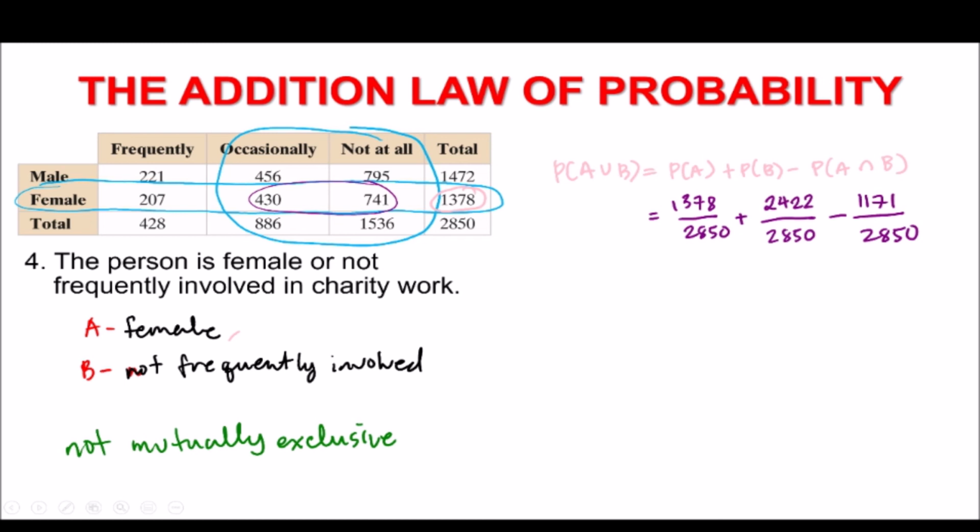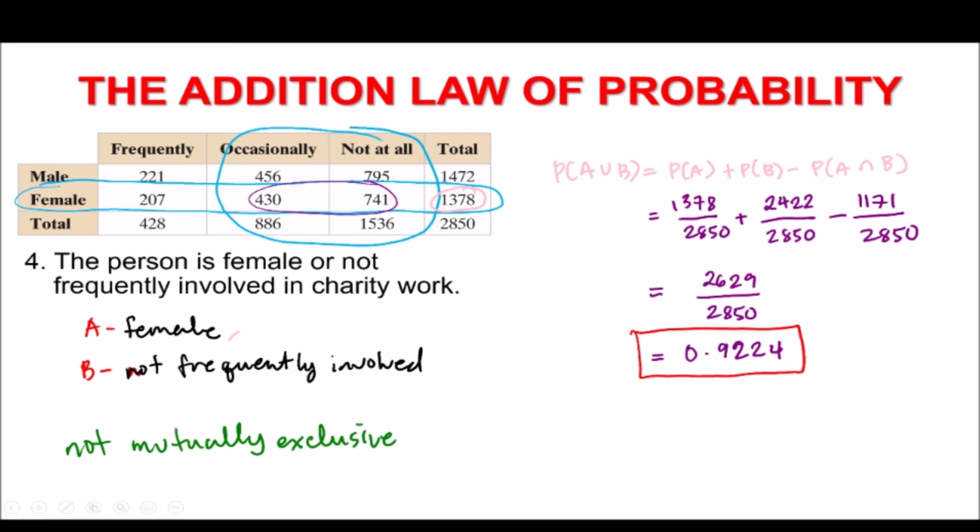So 1,378 plus 2,422 minus 1,171 is 2,629 over 2,850, which in decimal is 0.9224. Okay, so the probability that the person is female or not frequently involved in charity work is 0.9224.